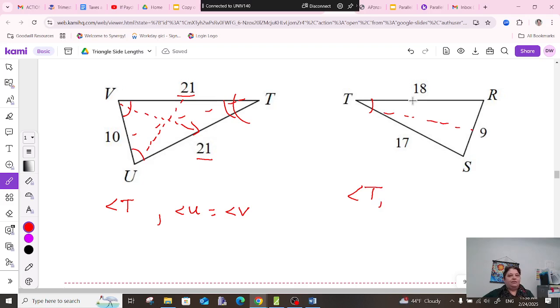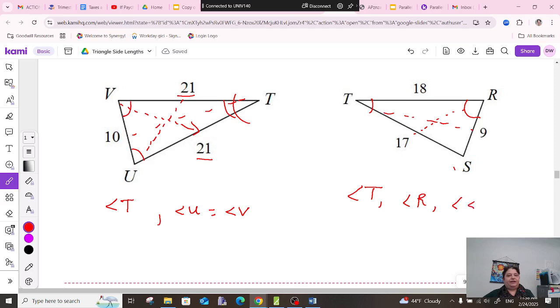Okay, Leon, which one's going to be the next largest? She is correct. So, Leon, see how 17 is the next largest? Opposite angle is R. And then what would be the last one?